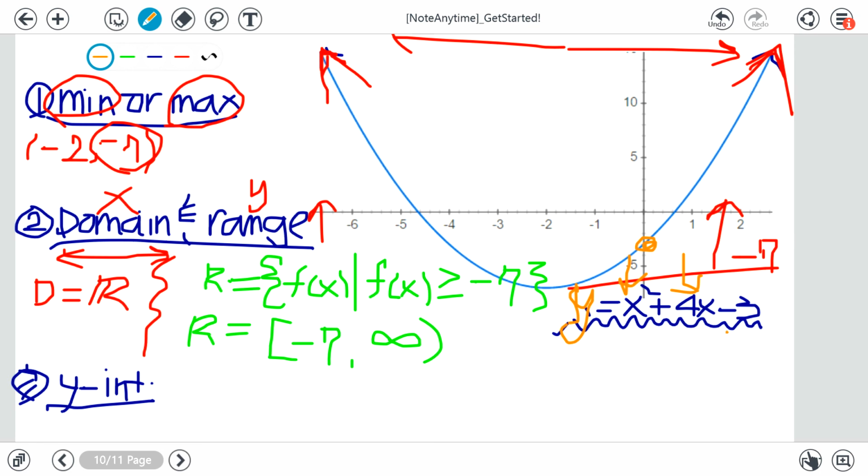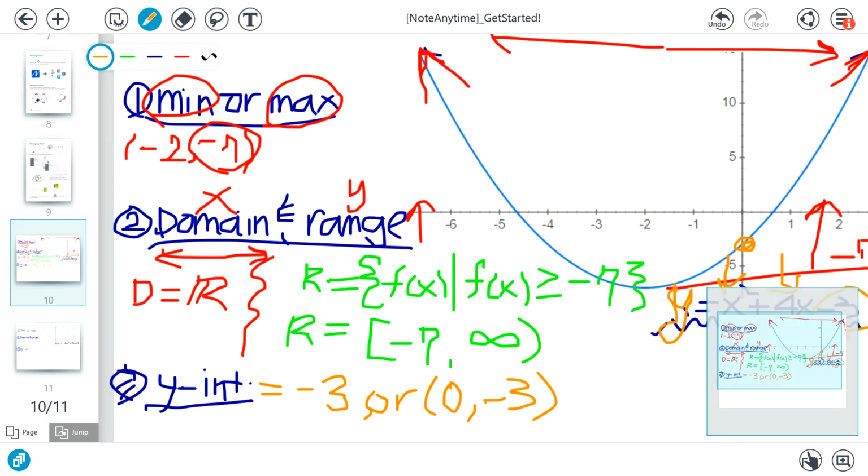Or I can say the number at the very end without any variable beside it is always going to be your y-intercept, no matter what. So your y-intercept is -3, or if you would like to be proper, you can write it as (0, -3).